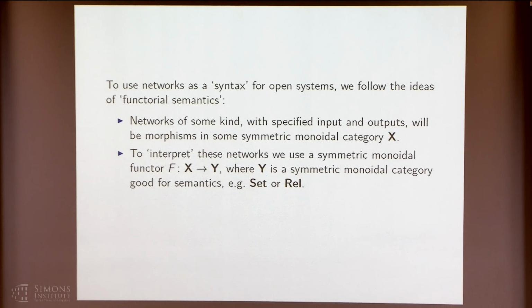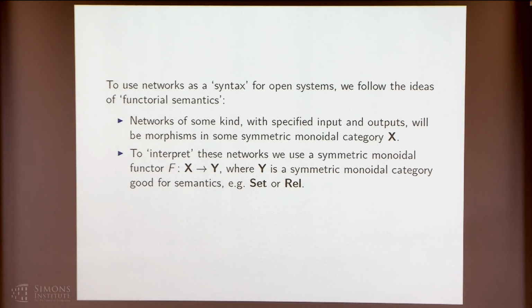So the classic examples of symmetric monoidal categories that you might use for semantics would be the category of sets and functions, or the category of sets and relations. So if you use the former, then every network, every morphism in X would get sent over to a function over here, which is a morphism in Set, and the meaning of that is that we think of the interpretation of our network as describing a function from some input data to some output data.